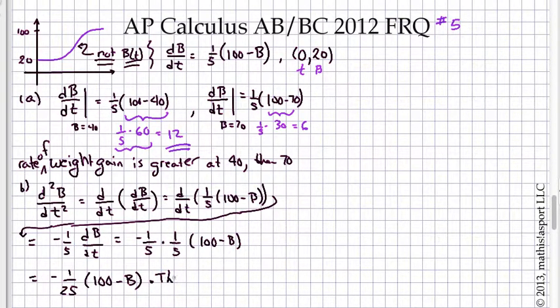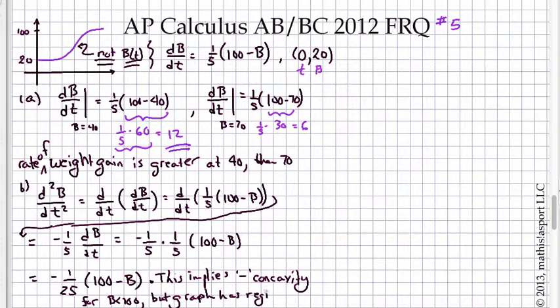So, this implies negative concavity whenever B is less than 100, but the graph has a region of positive concavity. Which contradicts.